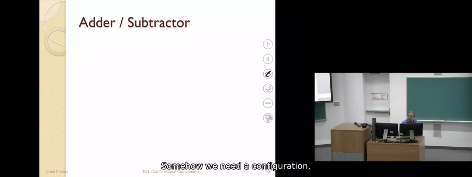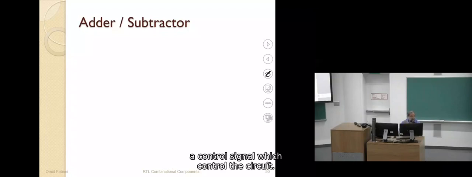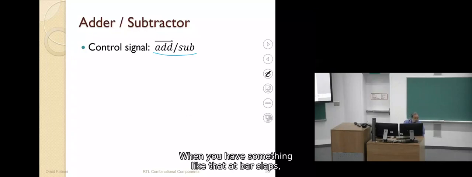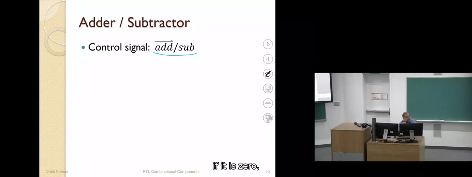a configuration, a control signal which controls the circuit. Either it is add or it is subtract. So we use a control signal. A control signal like this. Did I talk about this notation before? When you have something like that, add bar slash sub, it means that this control signal, if it is 0, it adds.